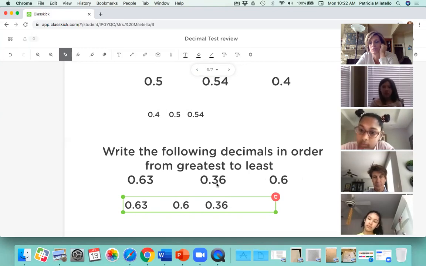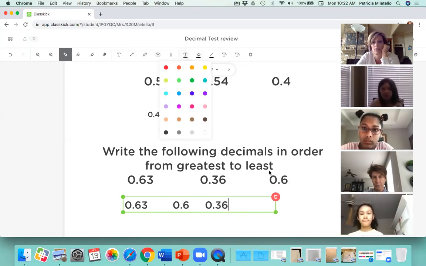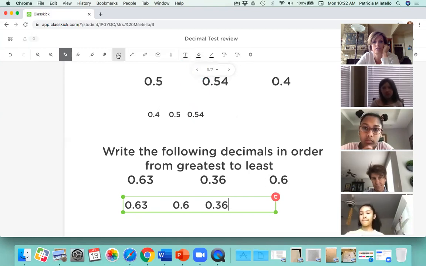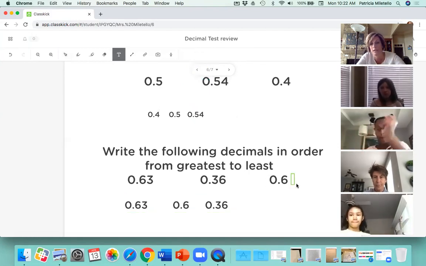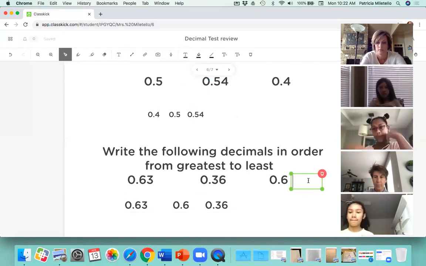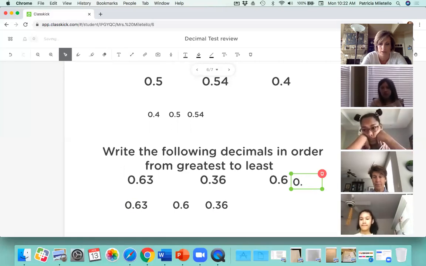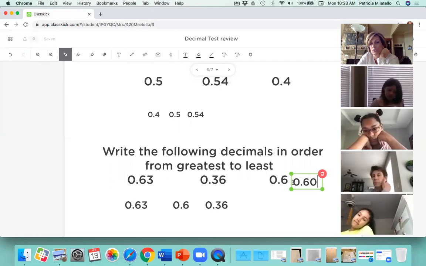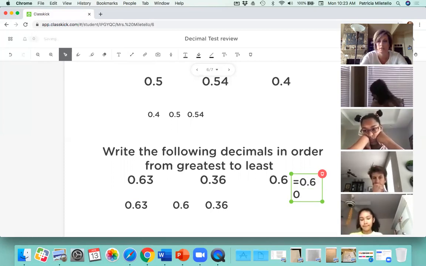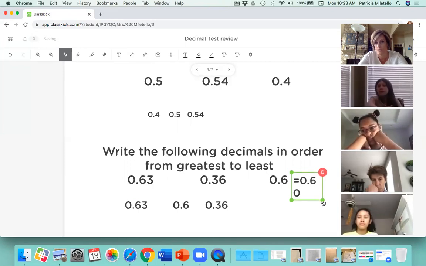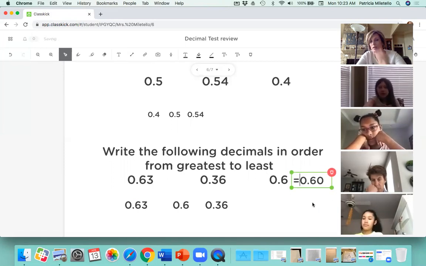It's still smaller because it's 36 out of 100, and this is 6 out of 10, which we could write as a fraction out of 100, with another zero there. 0.60 or 60 hundredths. Those are equal to each other. Let me put an equal sign. Okay? Make sense? Yes.